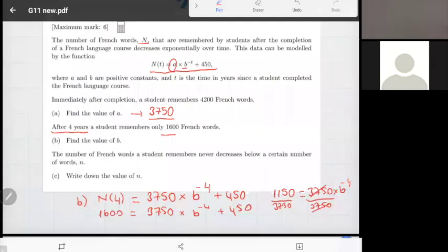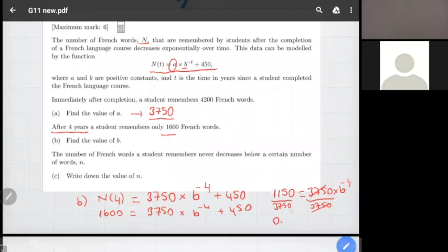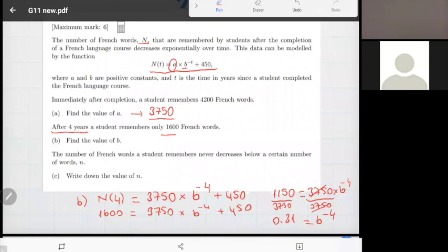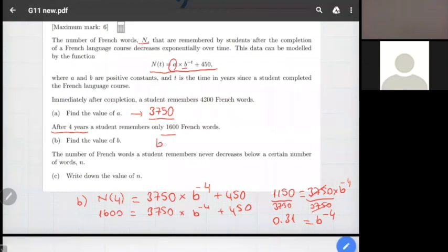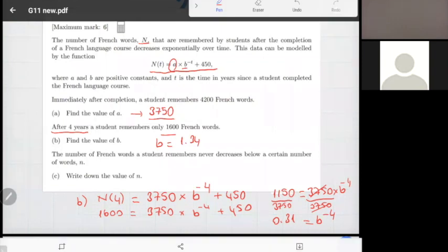So when you divide this number, we get 0.31, which is equal to b to the power negative 4. And then when you do this calculation with your calculator, you will get that b is equal to 1.34. And then we finish the second part of the question.